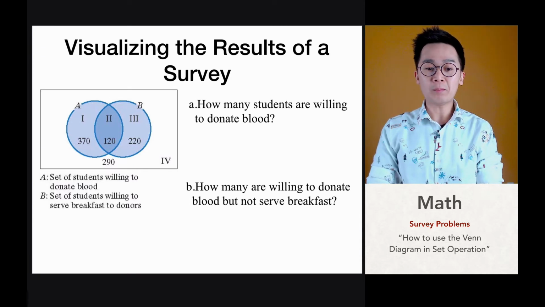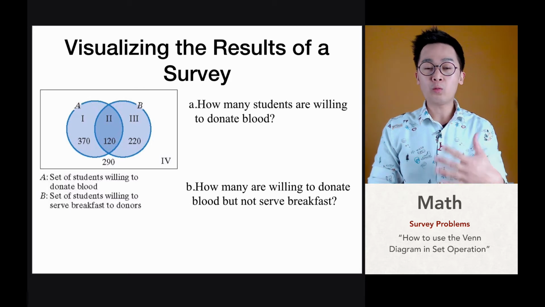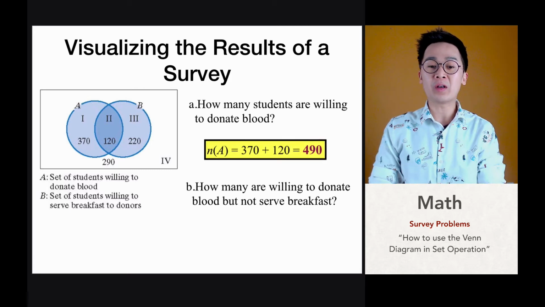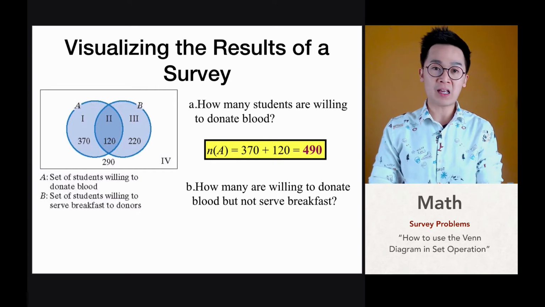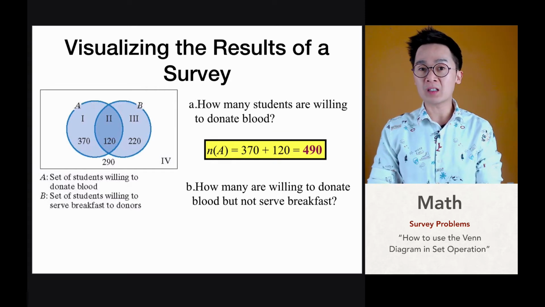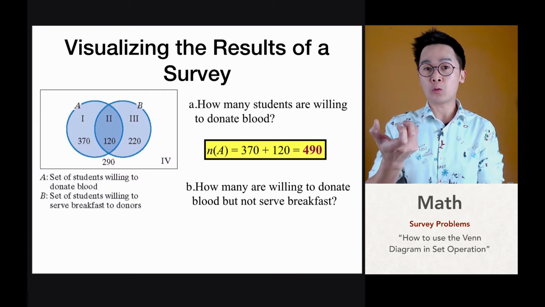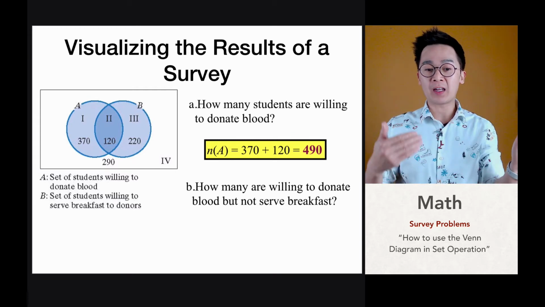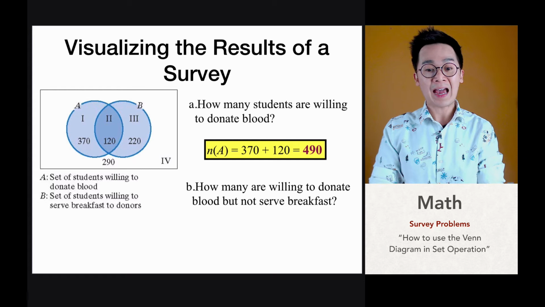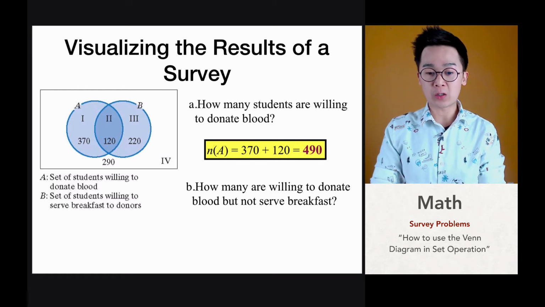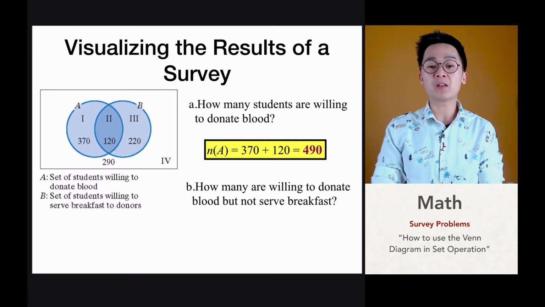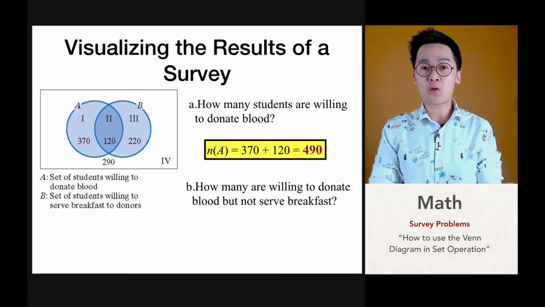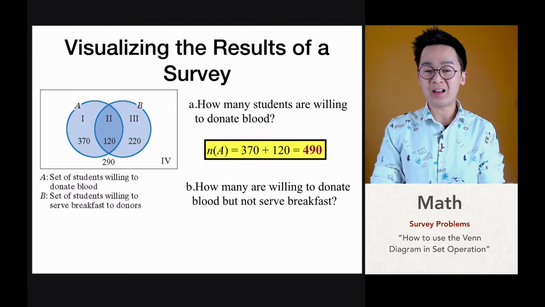So the cardinality of set A would be 370 plus 120, because even though group 2 is the intersection of A and B, it still falls under the category of students who are willing to donate blood. So we're still going to count them in. We have 370 plus 120, which totals 490 students for letter A.